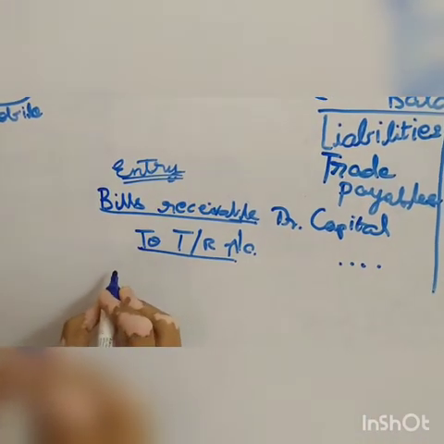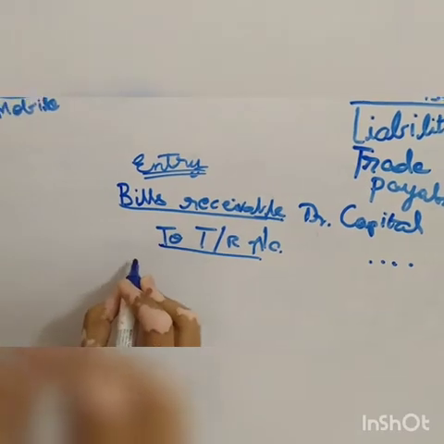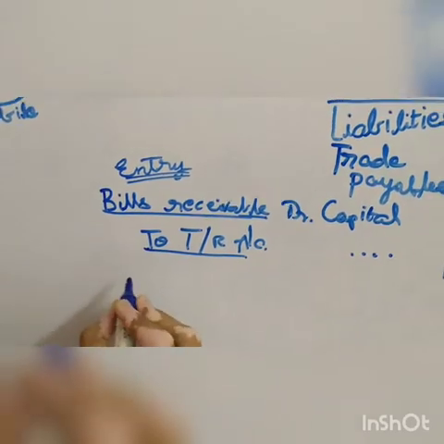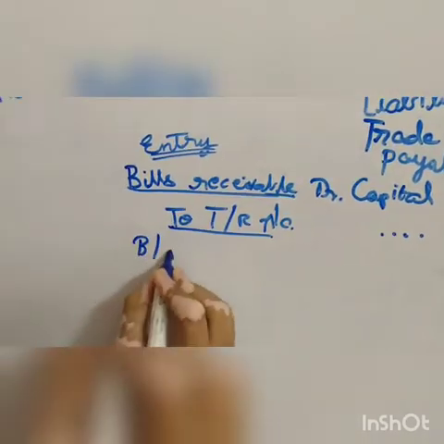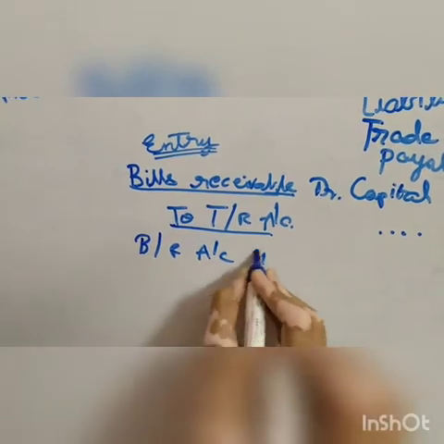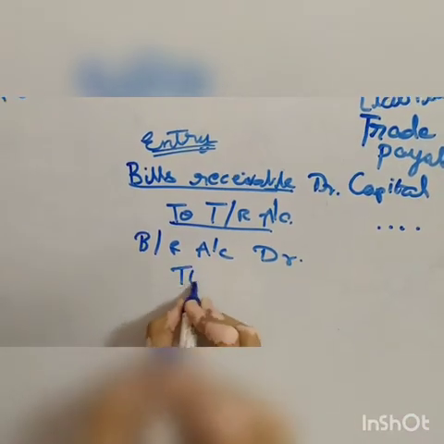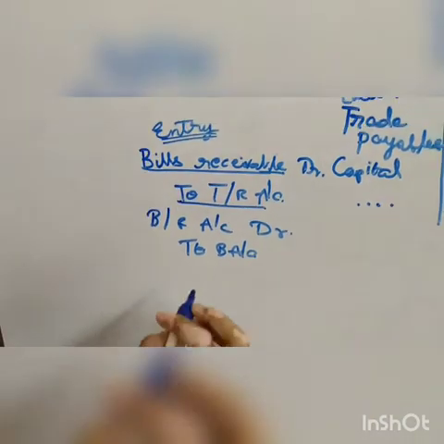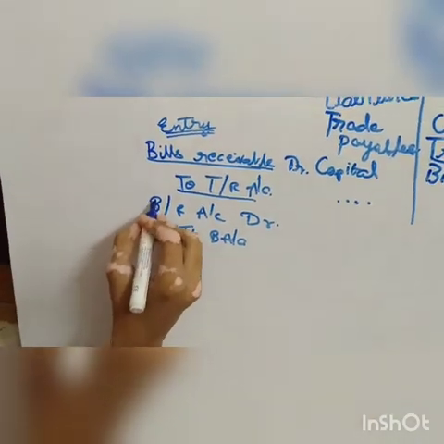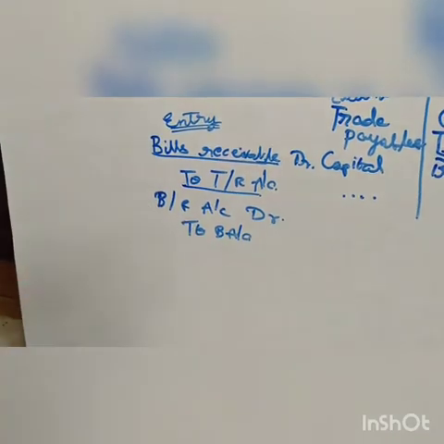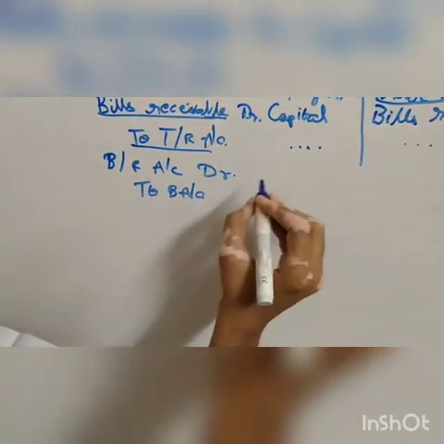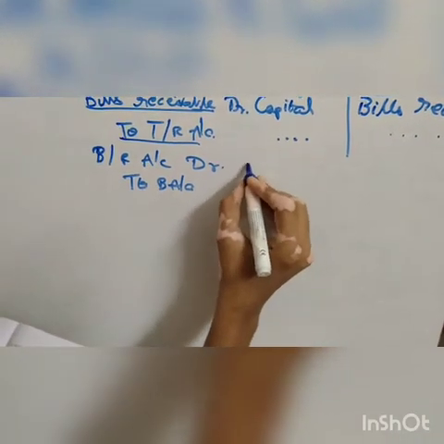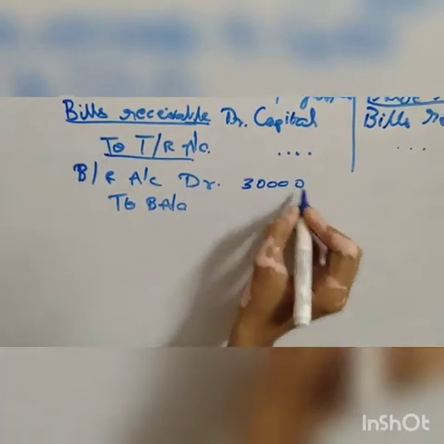When the bill drawn on B is duly accepted by B, then the entry is bills receivable account debtor to B account. For how much amount is the bill drawn? 30,000.